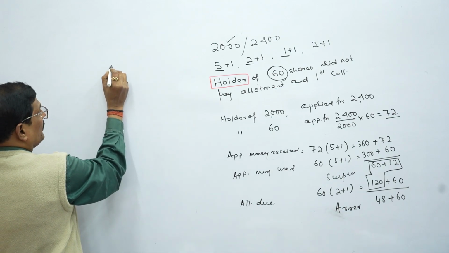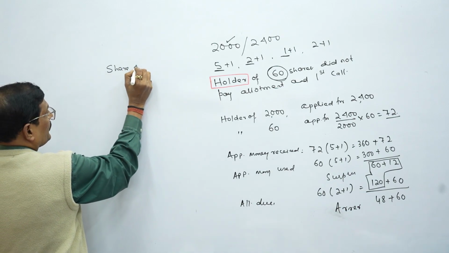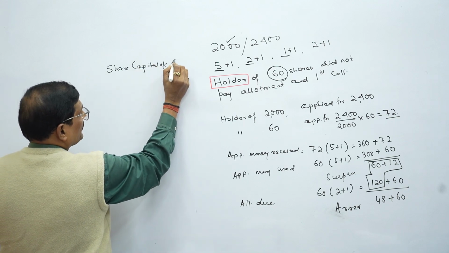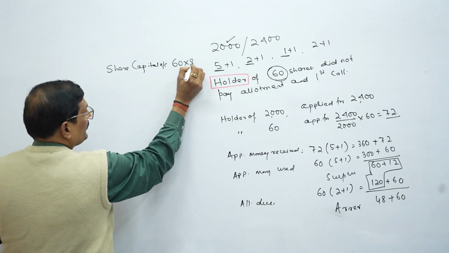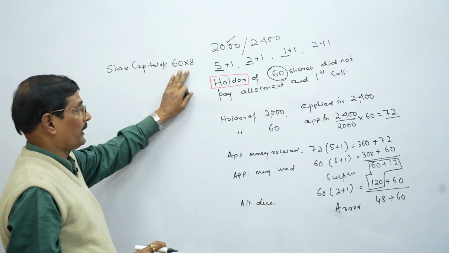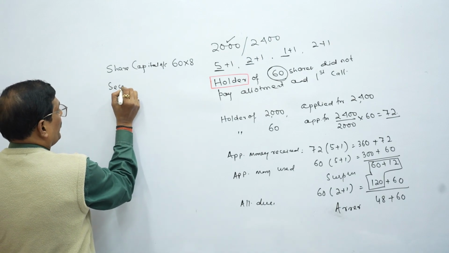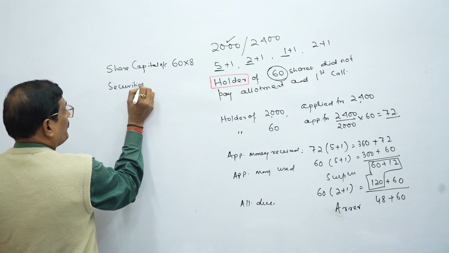share capital account debit. Share capital account debited, that is 60 into 8. Don't write in this way. 480. Securities premium account debit, the amount due but not received.